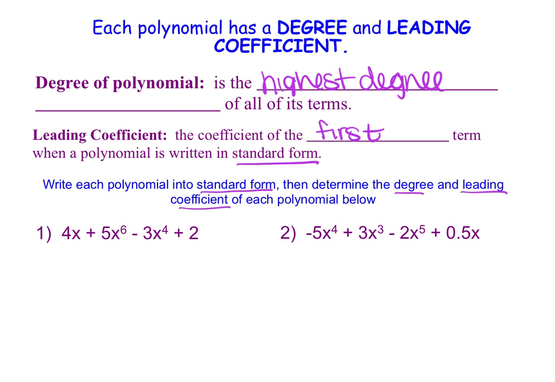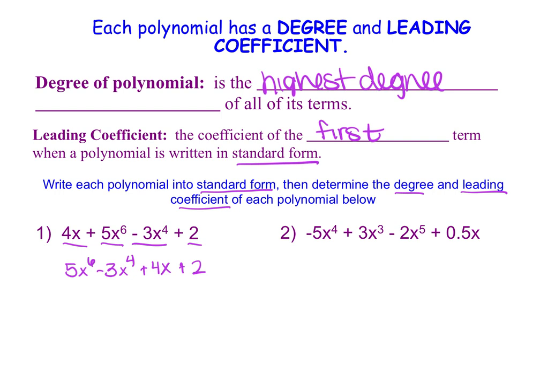So when I look at these examples here, I first need to put them in order from highest degree to lowest degree. So I'm going to start here with 5x to the 6th, then negative 3x to the 4th, followed by 4x, and then the 2 comes last because it doesn't have a variable with an exponent, so it's just the last one in the group.